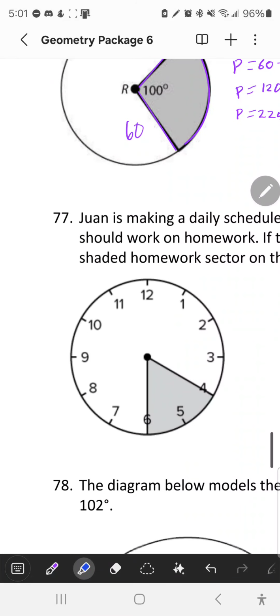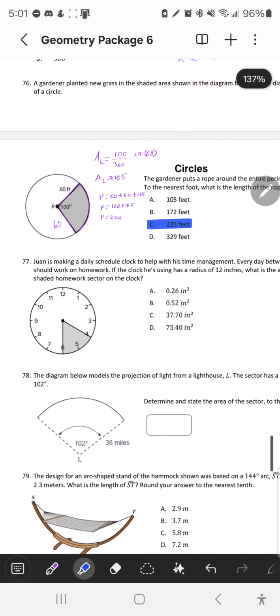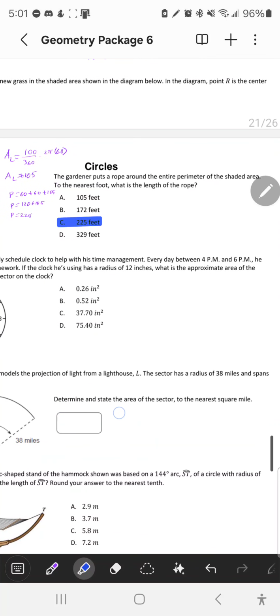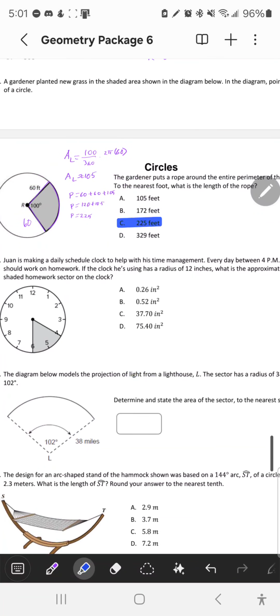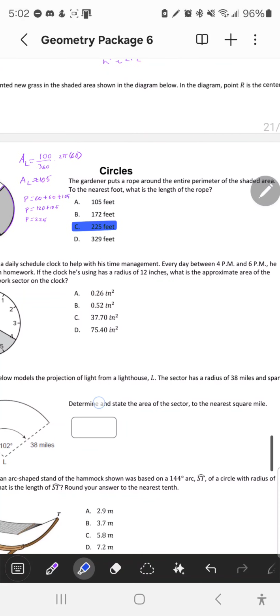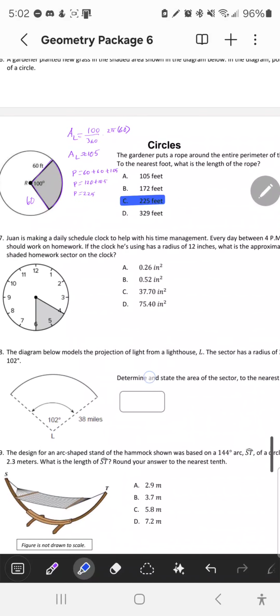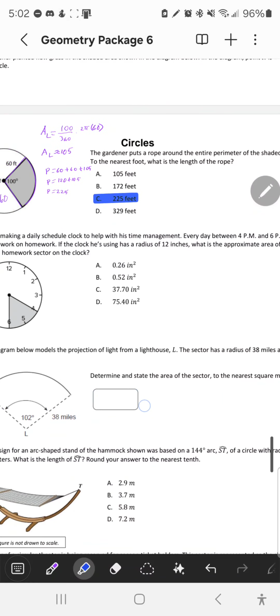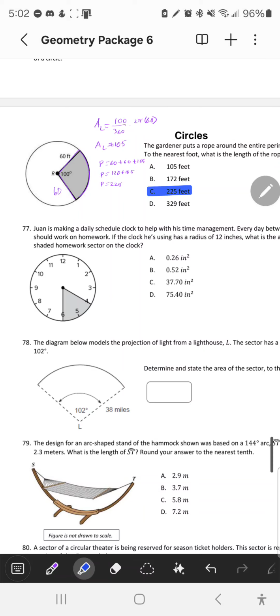Now here, Juan is making a daily schedule clock to help with his time management. Every day between 4 and 6, he should work on homework. He's using a radius of 12 inches. What is the approximate area of the shaded homework sector on the clock?